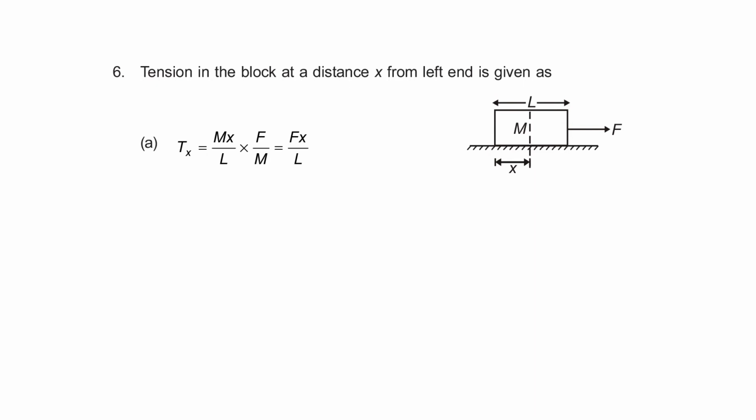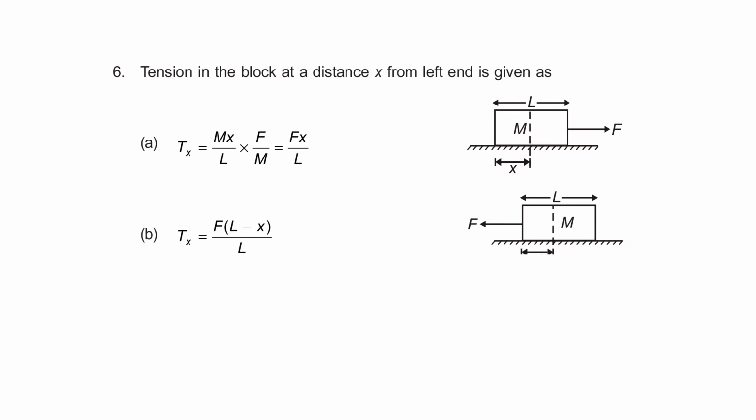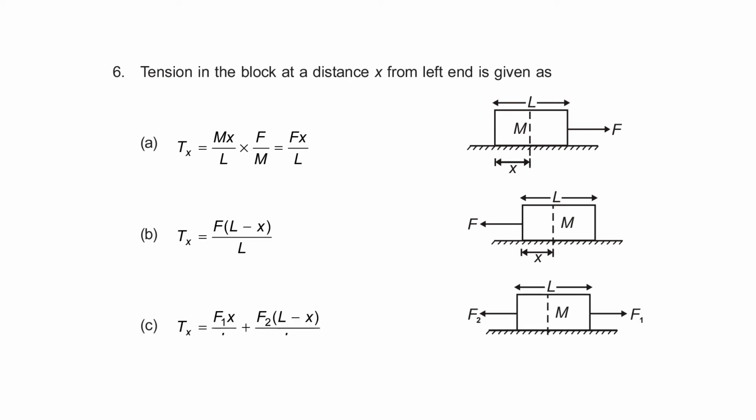Tx is equal to mx by L into F by M, which is equal to Fx by L. B. Tx is equal to F (L minus x) divided by L. And C. Tx is equal to F1 x divided by L plus F2 (L minus x) divided by L.